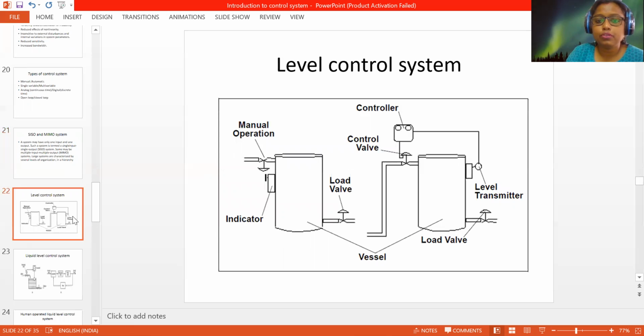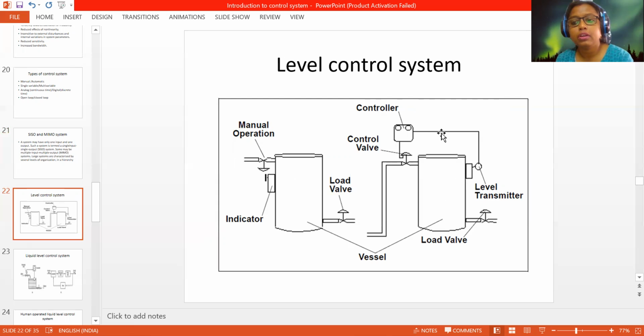This is an example of a level control system. Here the manual operation is there: there is an indicator on the vessel, and looking at the indicator, a person manually operates this valve in order to control the level of this tank. However, this is an automatic control system where there is a level transmitter.